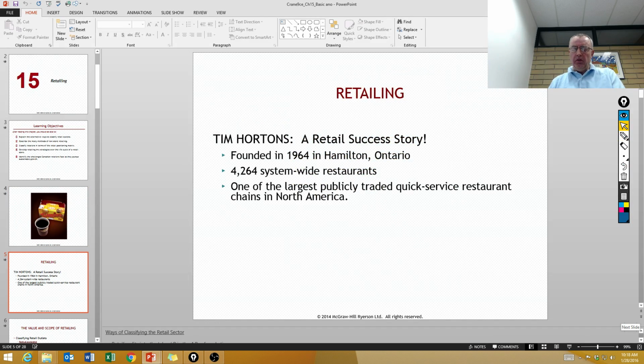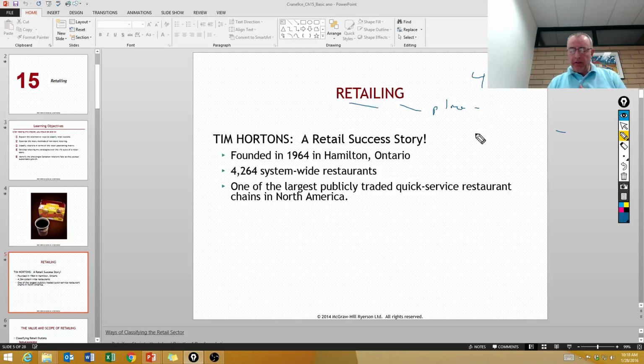Okay, so when we look at the four P's of marketing, retailing is part of the place P because it's the vehicle that the vendor delivers its product to the consumer.